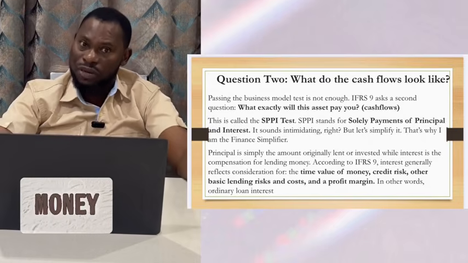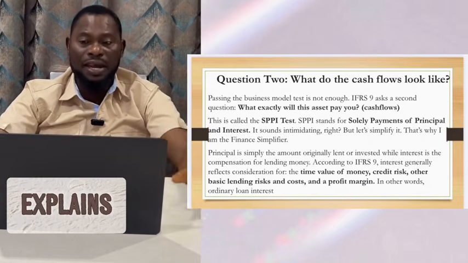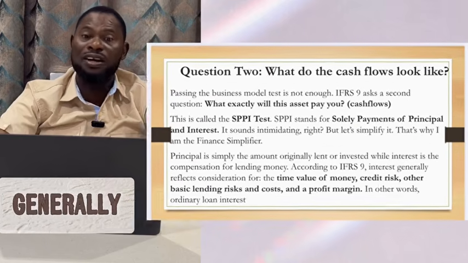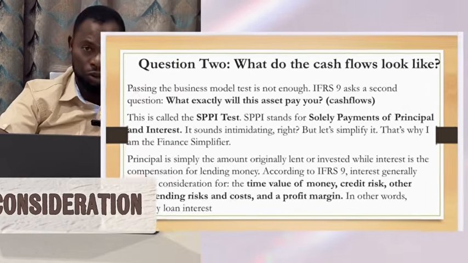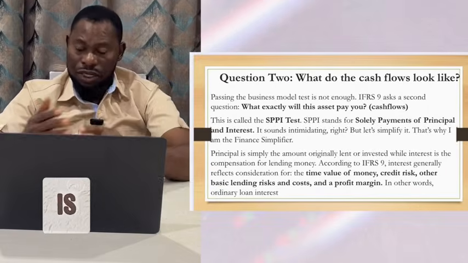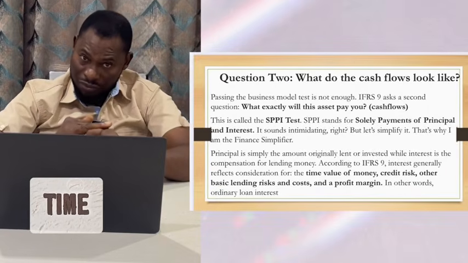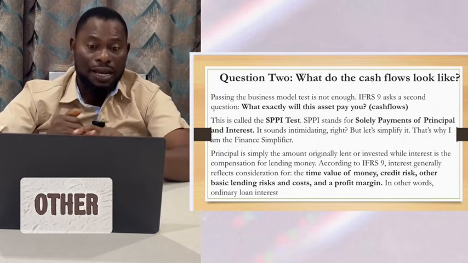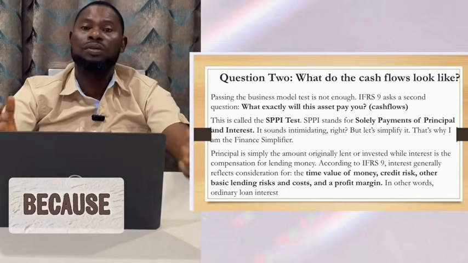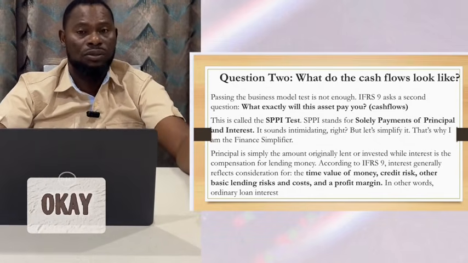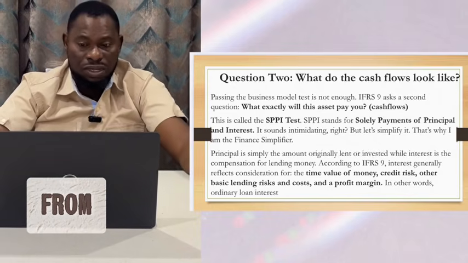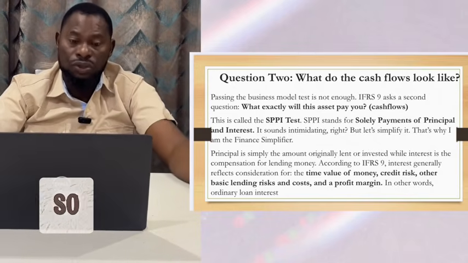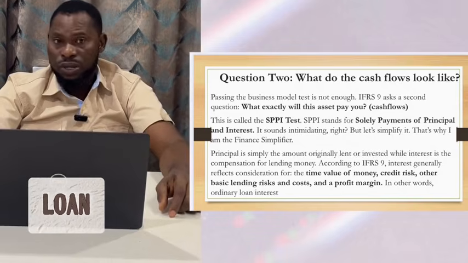Principal is the original money you give. IFRS 9 explains why interest generally reflects consideration. That is the time value of money, credit risk, other lending risk and cost, and of course, profit margin. You have to make a profit from sacrificing your money. So in other words, it's just ordinary loan interest.